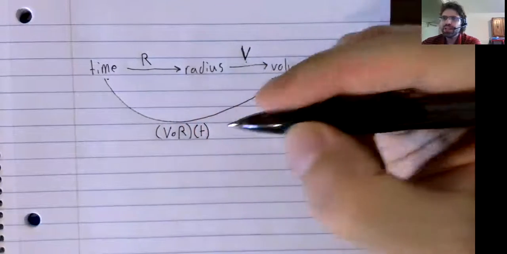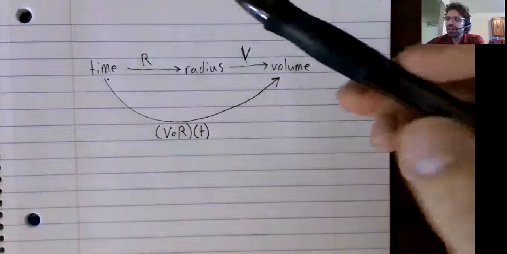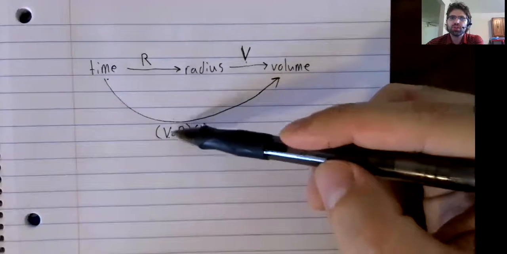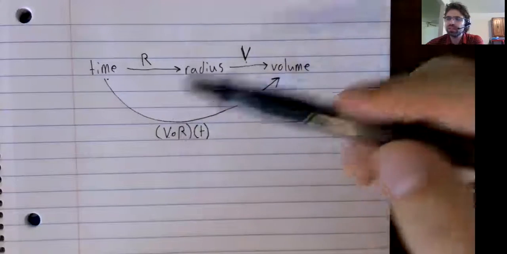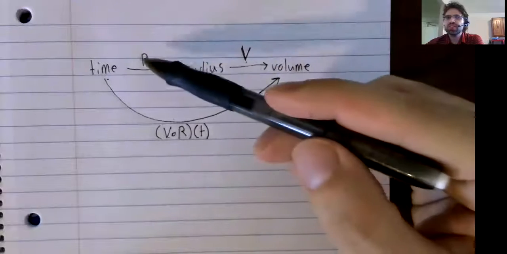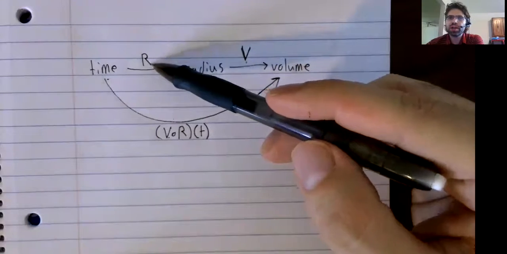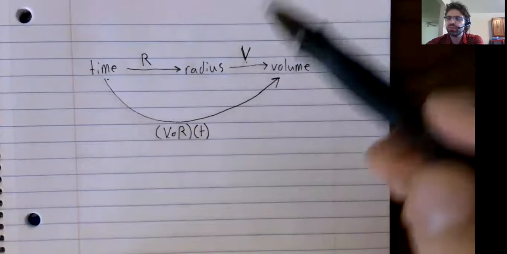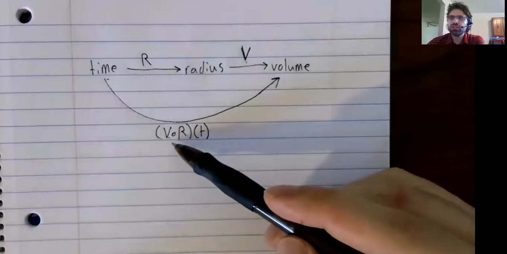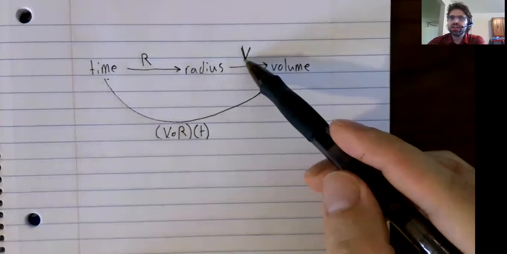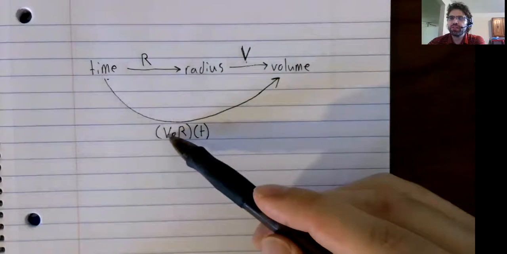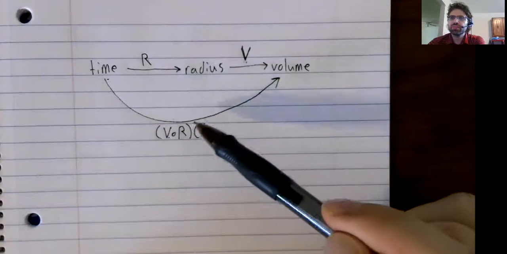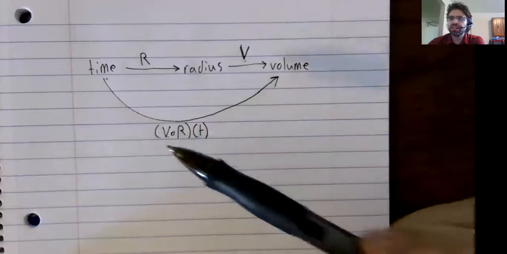And take warning, composition is written in the reverse order than you might expect it to be. If you follow this process, first capital R happens, then capital V happens. The way composition is written, the second thing that happens is written first. The first thing that happens is written second.